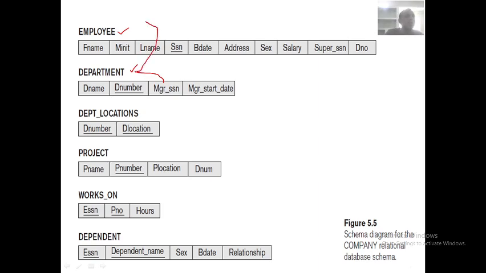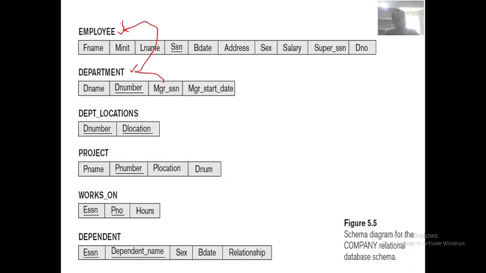It refers to the employee table. So using this foreign key, these two are related. While referring to this, there exists a relationship, then only it can refer. So what is the relationship? Manages. This so and so employee manages this department. Got it?